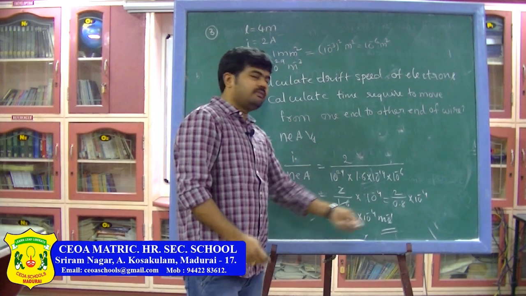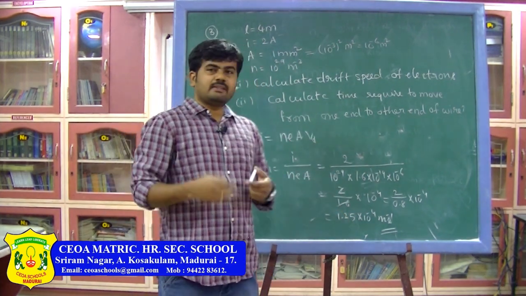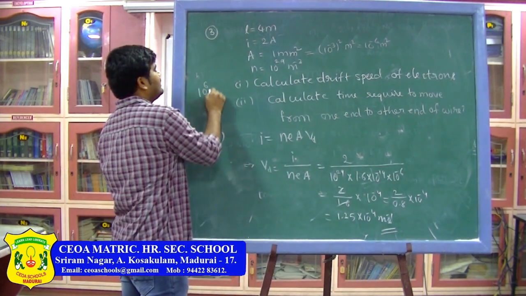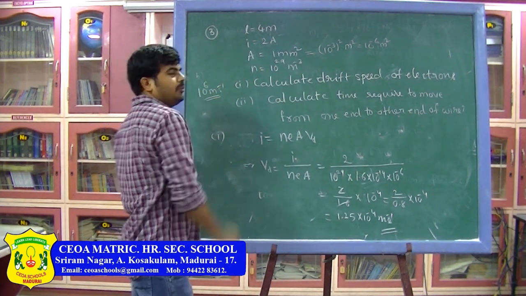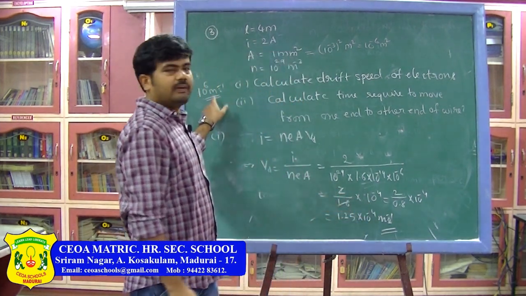Even without an electric field, the electrons will be moving inside the material with a speed of the order of 10 to the power of 6 meter per second, but this drift speed is very small compared to this value.